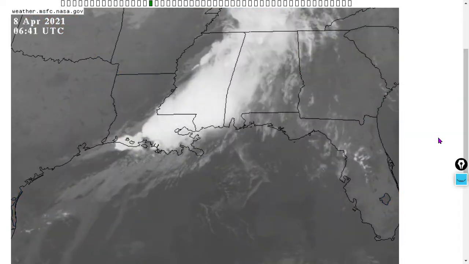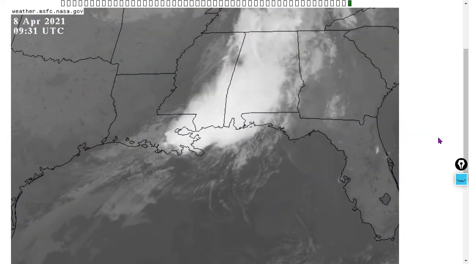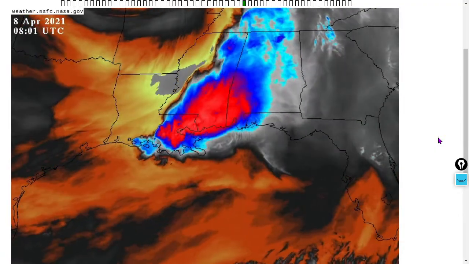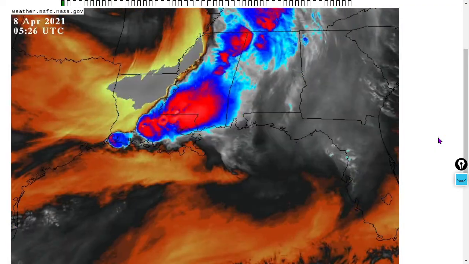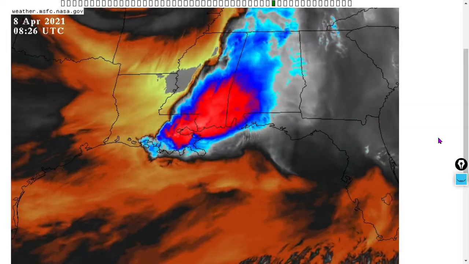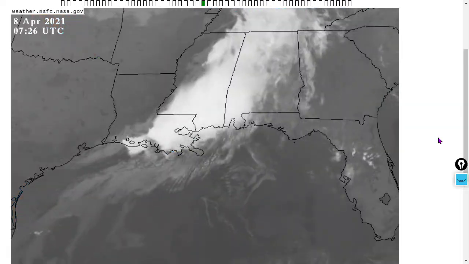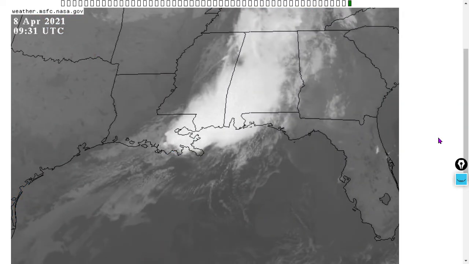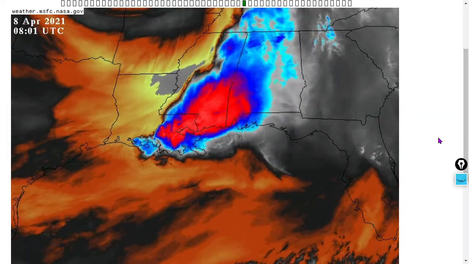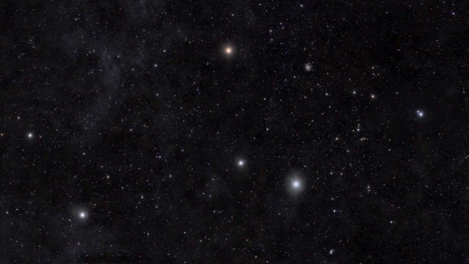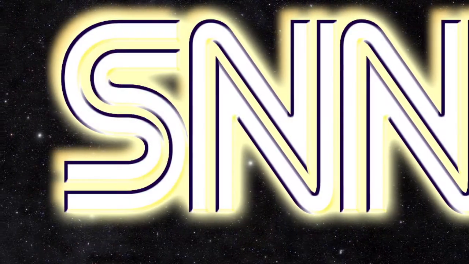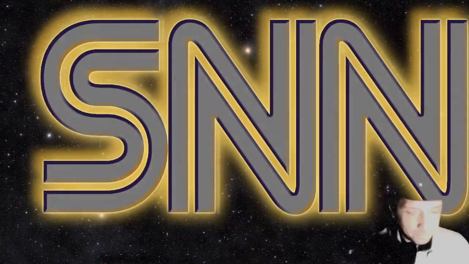You're getting serious pressure gradients happening in that area. And it's all being pulled to the southeast as a result of that extremely powerful low-pressure system off the coast of Cape Cod. It's affecting all of this weather, folks. Believe it or not. And that's where we'll have to end this second Twitch stream of the day.